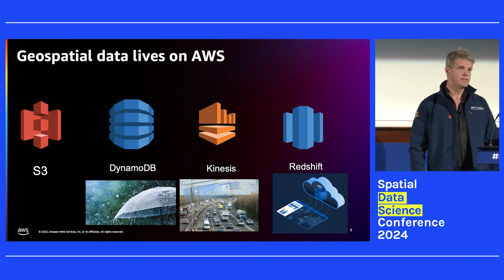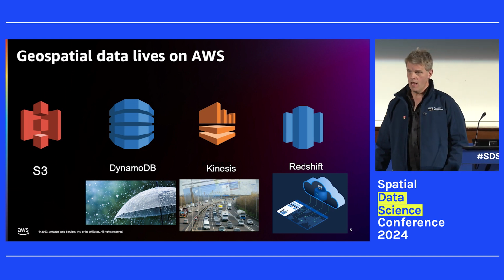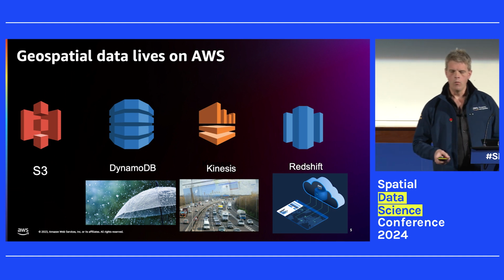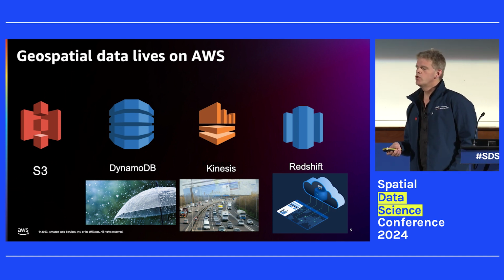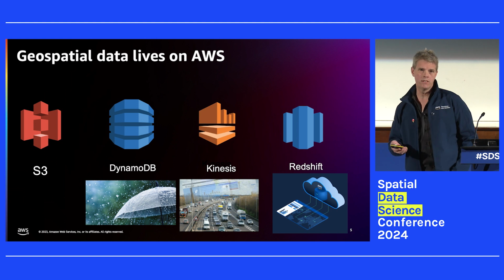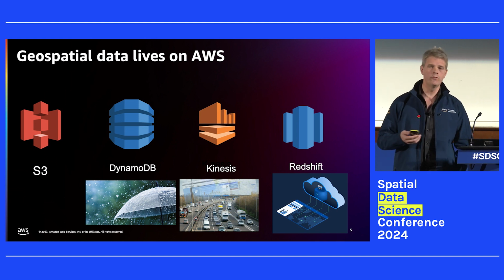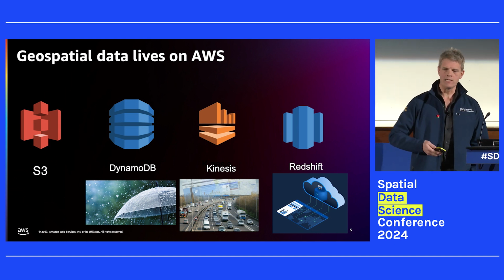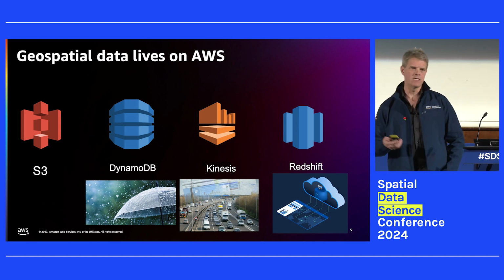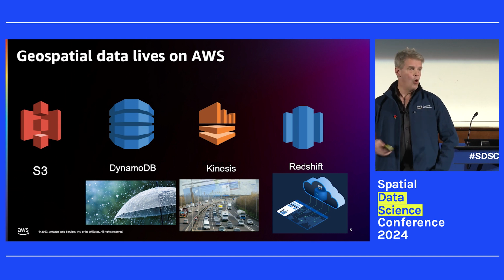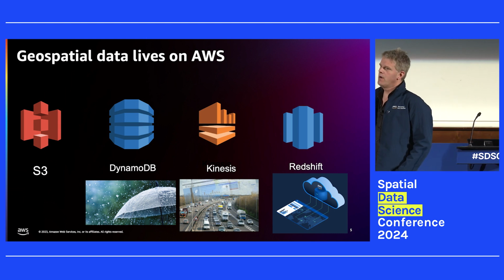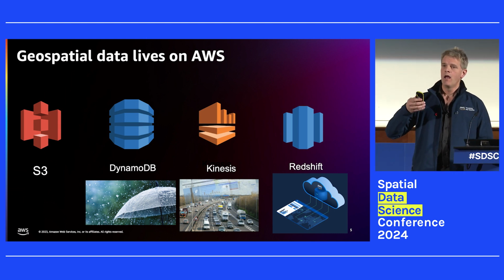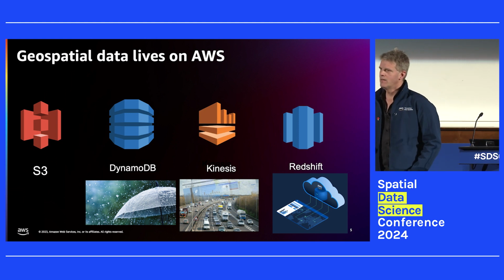Geospatial data lives on AWS. S3, I think that's 3. We have over 270 trillion objects as of 2023 stored on S3 in all its forms. A lot of the work that I do, whilst we have great, wonderful things like DynamoDB for weather data, or Kinesis for real-time data streams, or Redshift with our partners for petabytes of data sets, is actually data strategy.